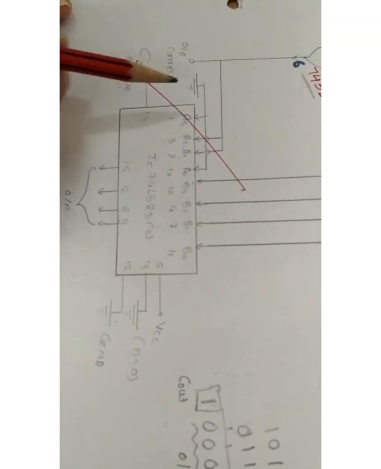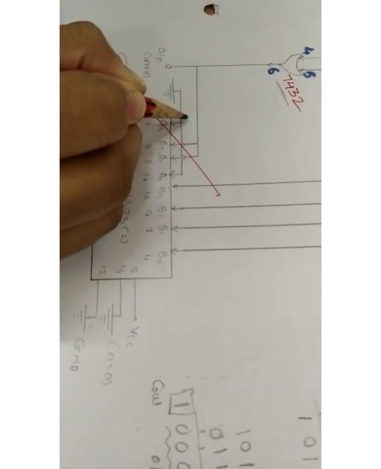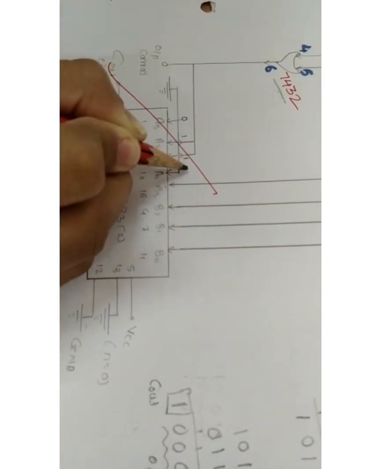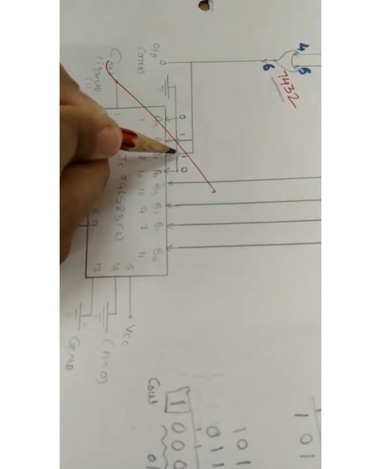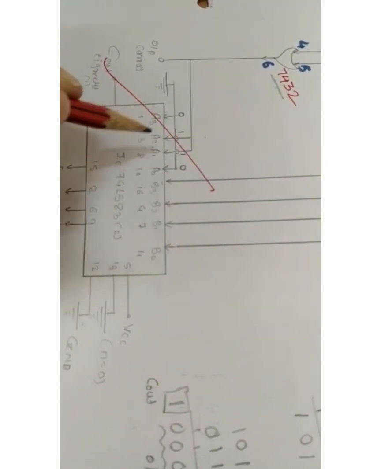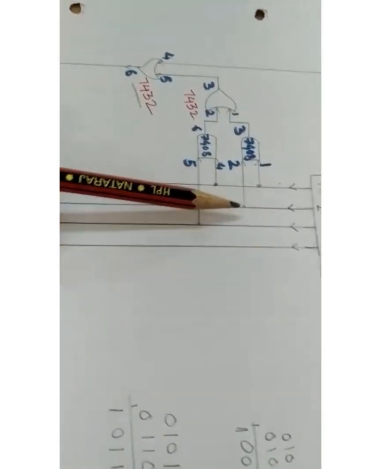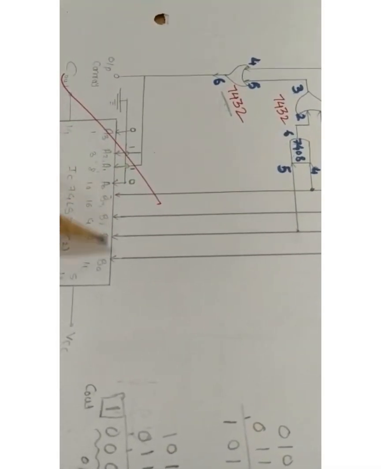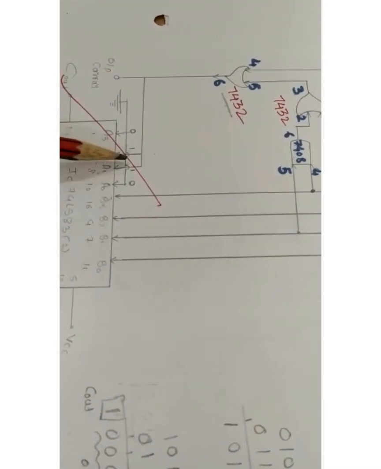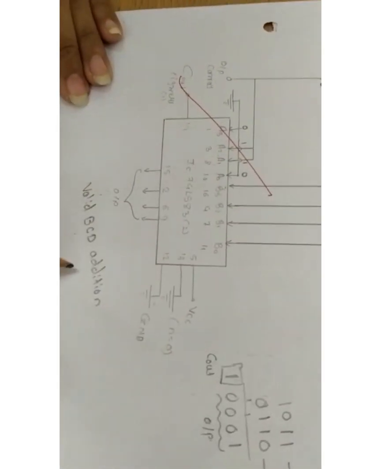Okay, BCD adder IC. So how do you have to connect this? Because you have to add here 0 1 1 0. So 0 1 1 0 means nothing but you are adding 6. Why are you adding 6? Because whatever invalid addition you are getting at these pins, this invalid addition will get added with 0 1 1 0, that is 6, and you are getting a valid BCD addition.